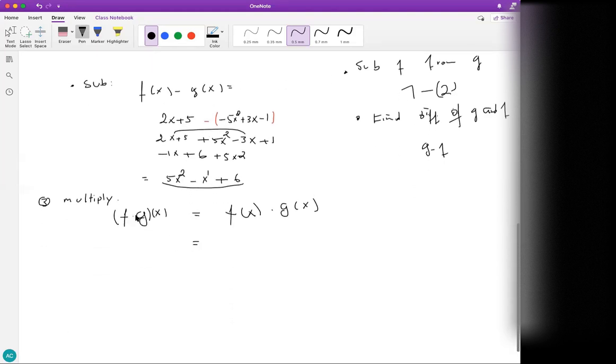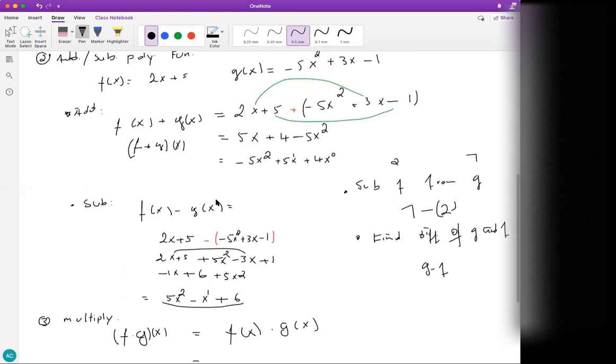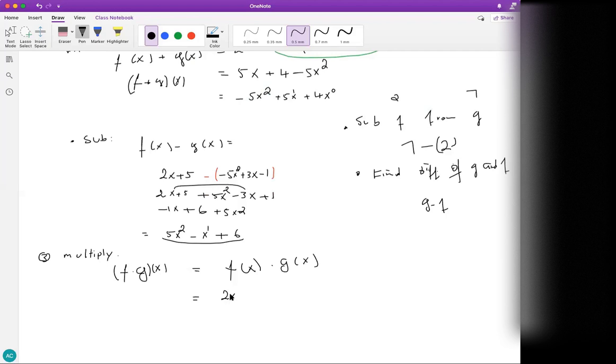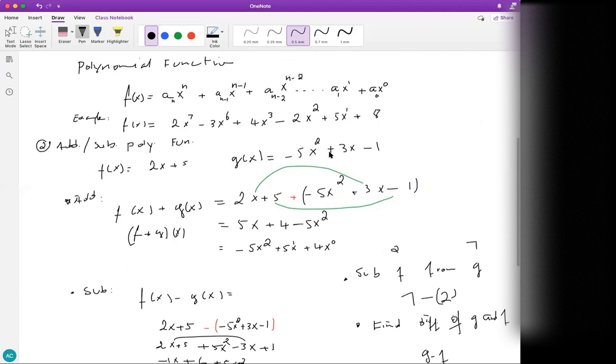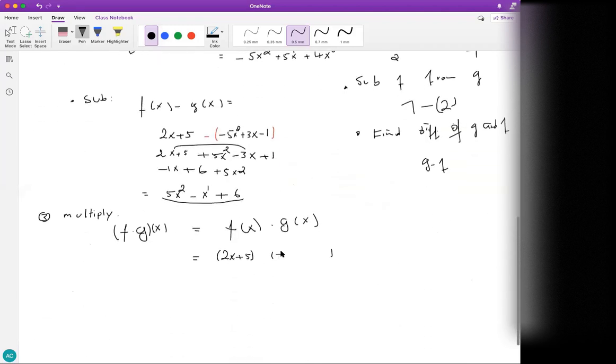Very simple. Just write the first function f, times g. The first function is here, 2x plus 5. No need for a multiplication sign, we're just going to use parentheses. Multiply by g of x, which happens to be negative 5x squared plus 3x minus 1.